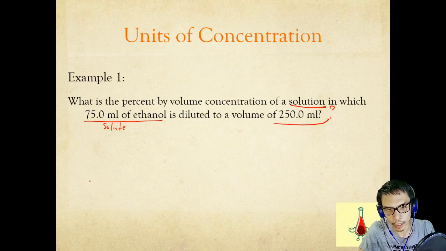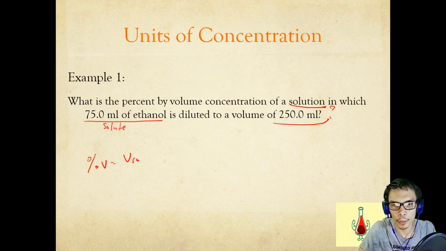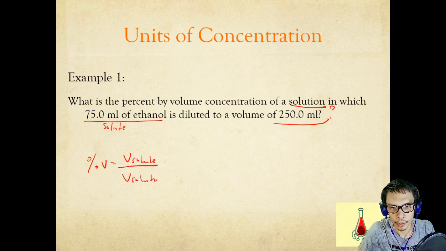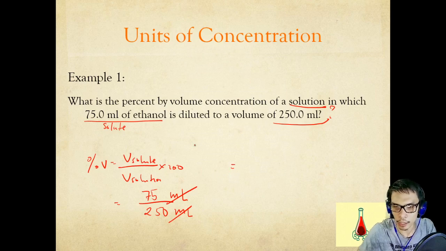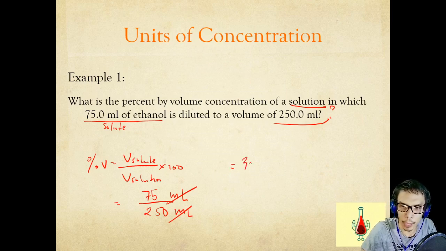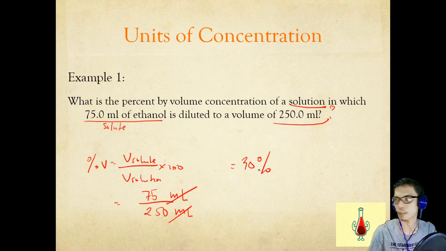Percent by volume is equal to the volume of solute over volume of solution, times 100. If you punch in all the values, 75 over 250 ml, you will cancel the units, and then you will have your percent. At the end of the day, you will be able to compute 30%.